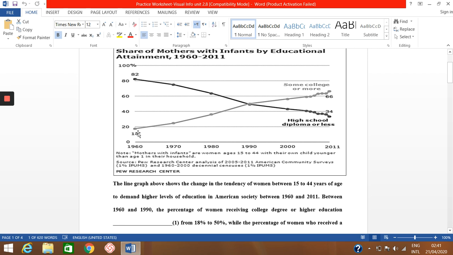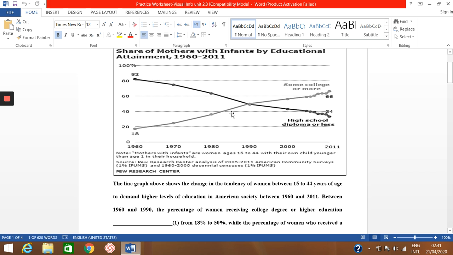It might be an upward trend, going this way, and in that case we use verbs like increase, rise, goes up, and so on. And if it is a downward trend, like the one about those with high school diplomas, which goes down like this, then we use verbs like went down, sorry, goes down or dropped, and so on, taking into account which tense you're going to use, simple present tense, for example, or past simple tense, and why.